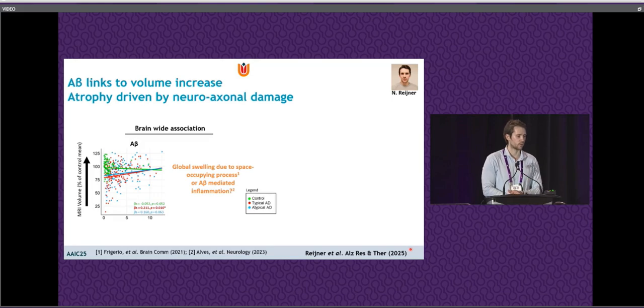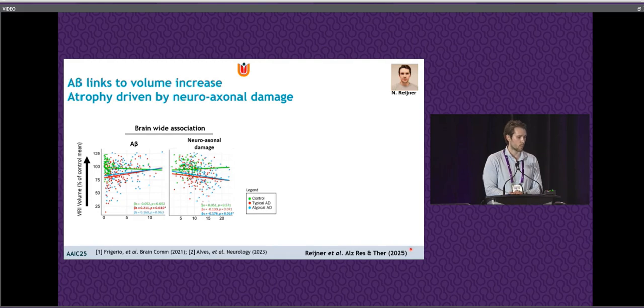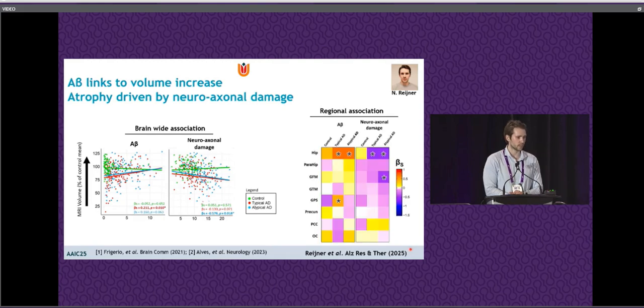And we thought that this would perhaps be due to global swelling from the amyloid plaques occupying brain tissue, or of course recently it has also been postulated that there is an amyloid beta mediated inflammatory swelling, which was a quite interesting finding. And we saw that neuroaxonal damage was the most important marker for atrophy.